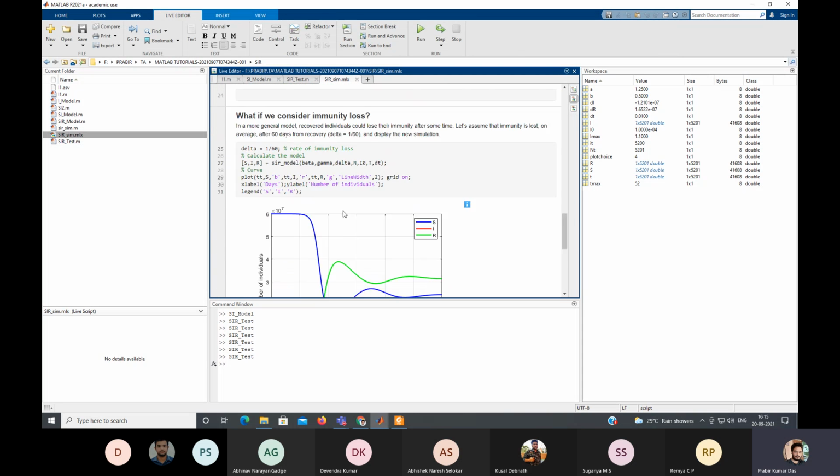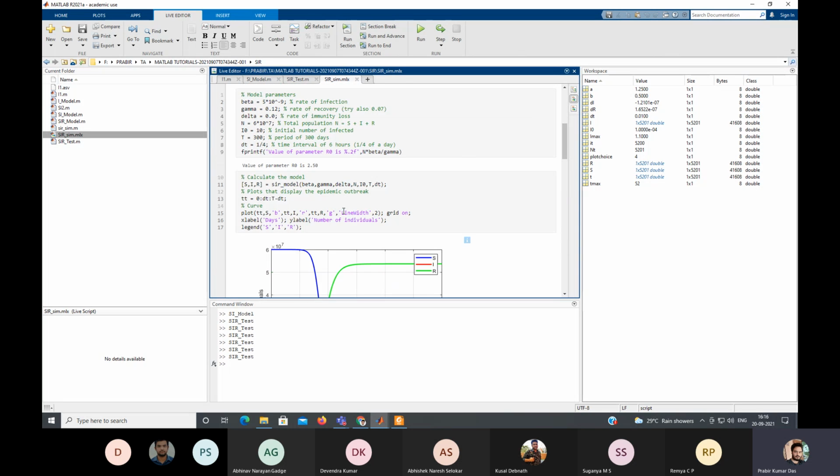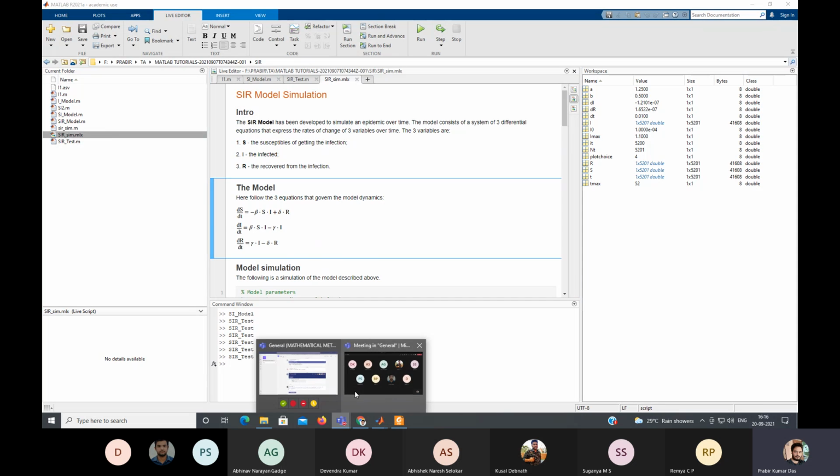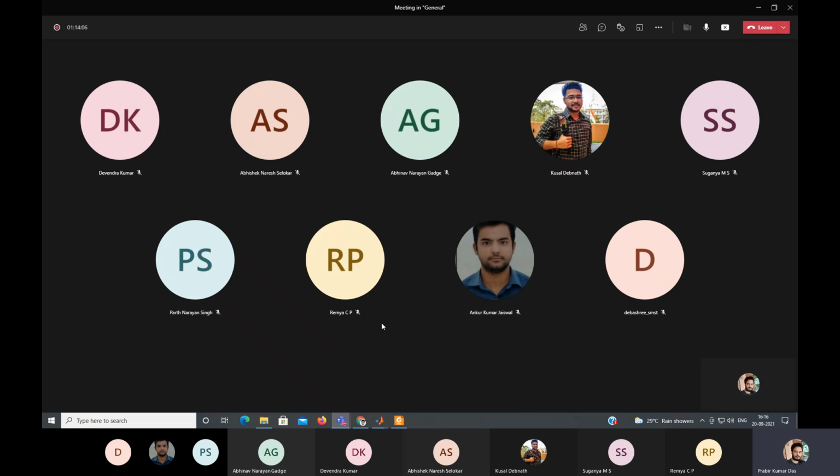After that, ma'am will take your class. If anybody has any problem understanding this SIR model, tell me right now, because unless you understand the basics of the SIR model, you cannot complete the assignment.